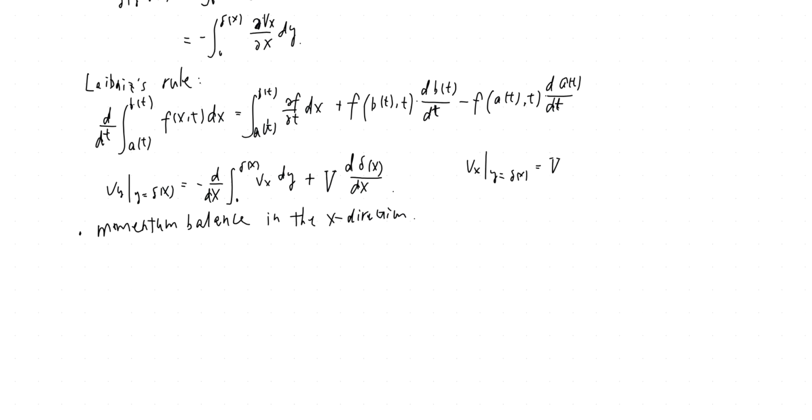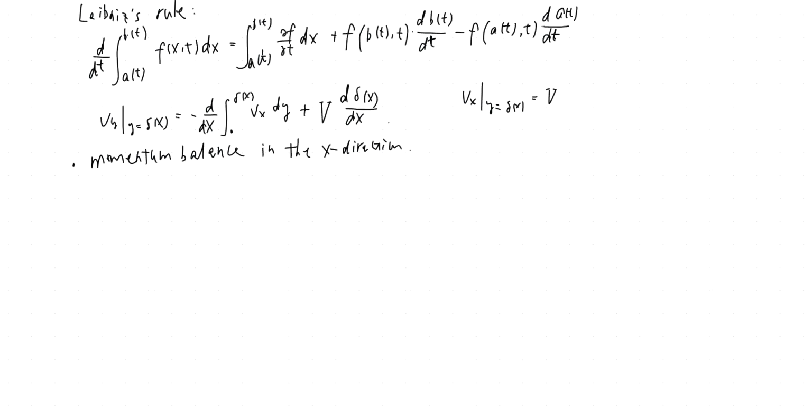This is because mass is a scalar, and you just count all the masses everywhere. But for momentum, we need to collect all the momentum along the x direction. If you recall what we did last time, the last boundary layer problem where you have a plate which suddenly moves, we had the accumulation, or the rate of change of the total momentum, equal to the total force acting on the control volume. Here we are doing the same thing.